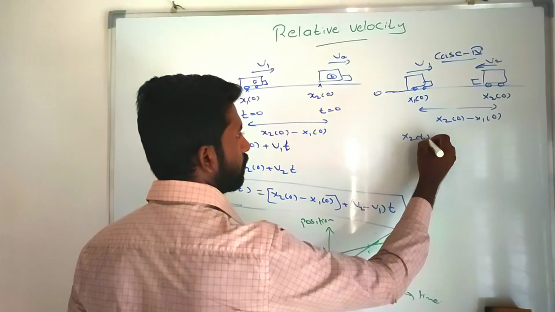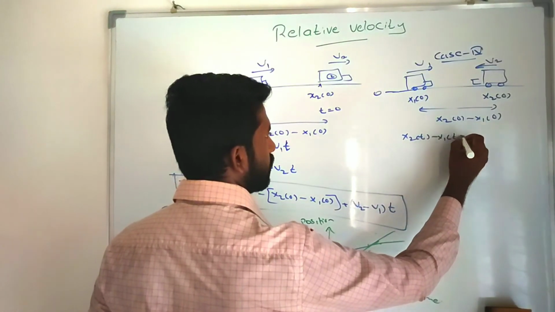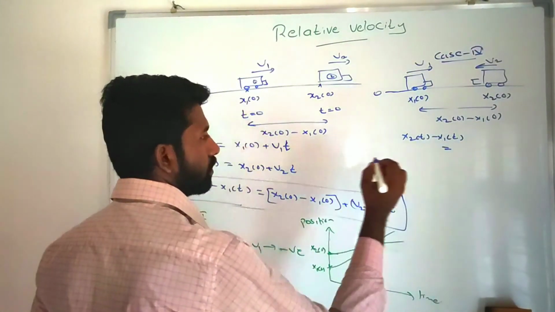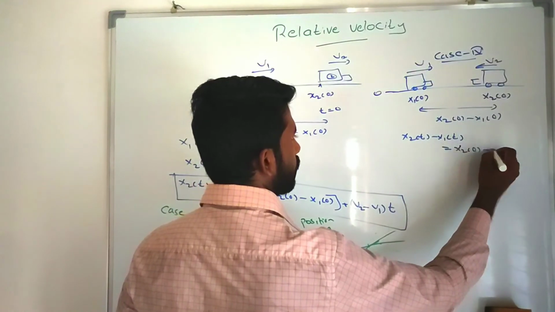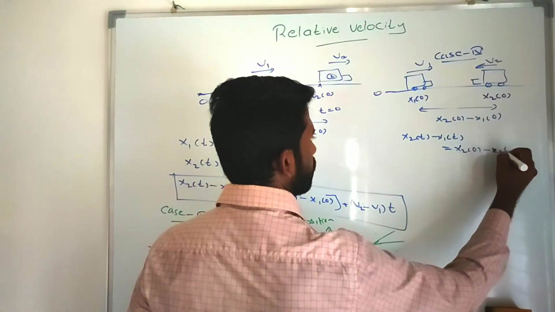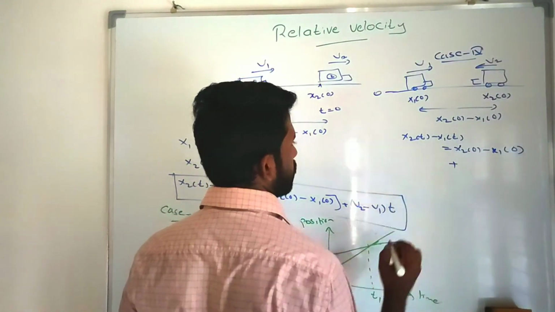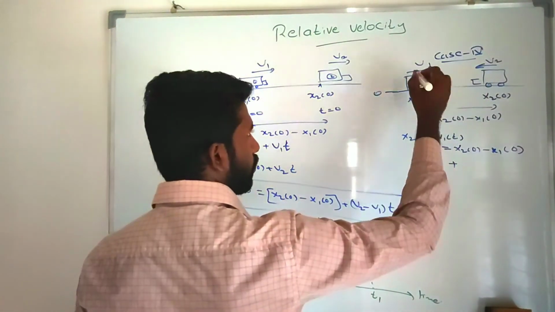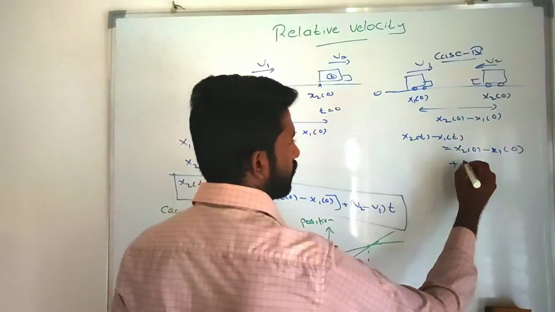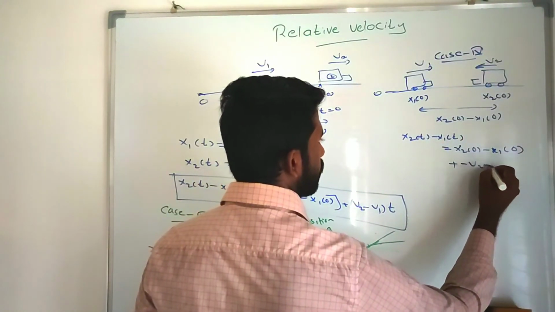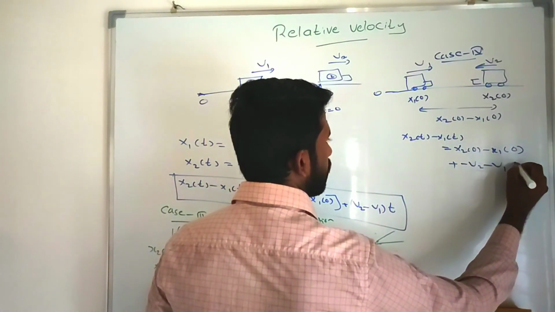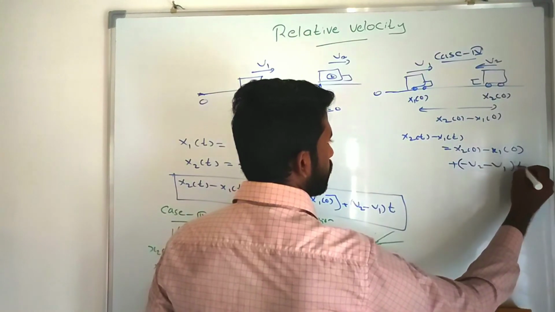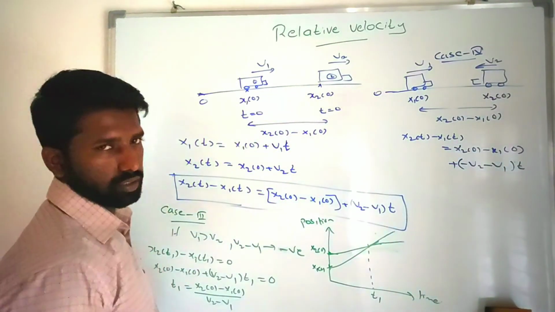What about this equation? x2 of t minus x1 of t is equal to what you get? That is x2 of 0 minus x1 of 0 plus what about the relative velocity of the second body with respect to the first? That is minus v2 minus v1 into t. Why is v2 taken as minus?